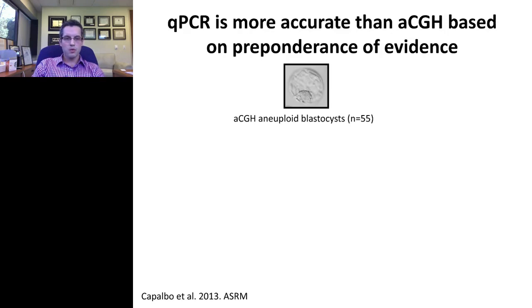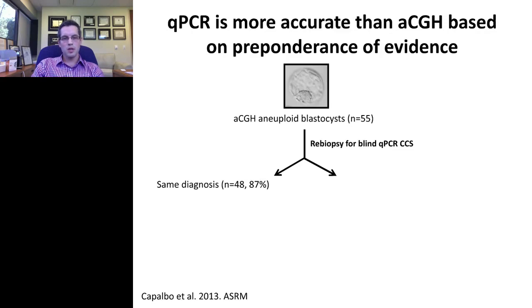We collaborated with a group in Italy to evaluate embryos that had been diagnosed as aneuploid by aCGH. We looked at about 55 embryos. Those embryos were rebiopsied and then blinded before performing qPCR-based comprehensive chromosome screening. We did obtain the same result in 87% of those embryos, but 13% gave a different diagnosis.